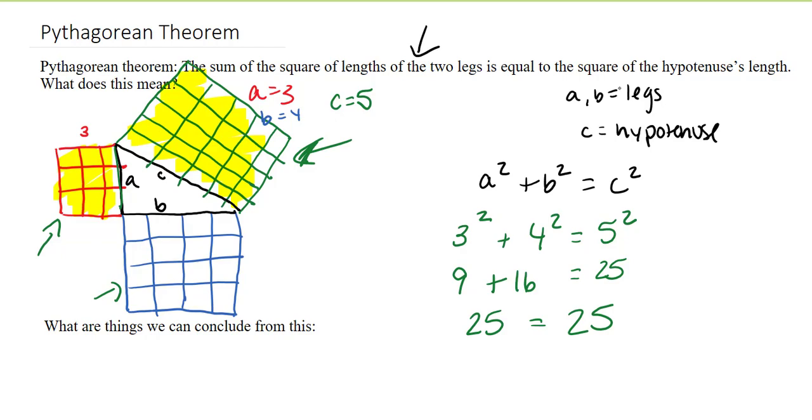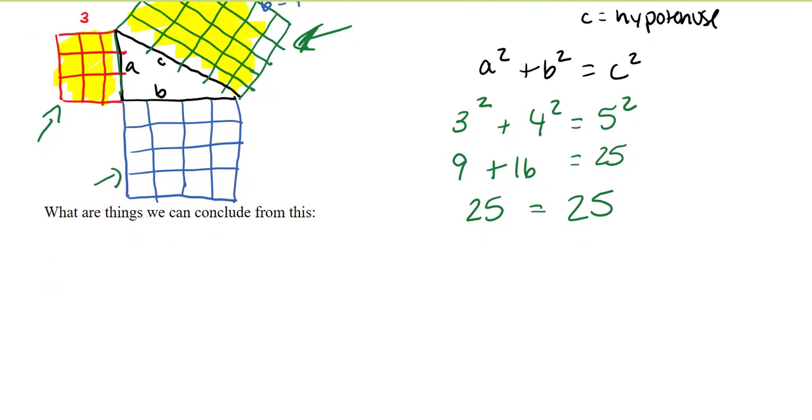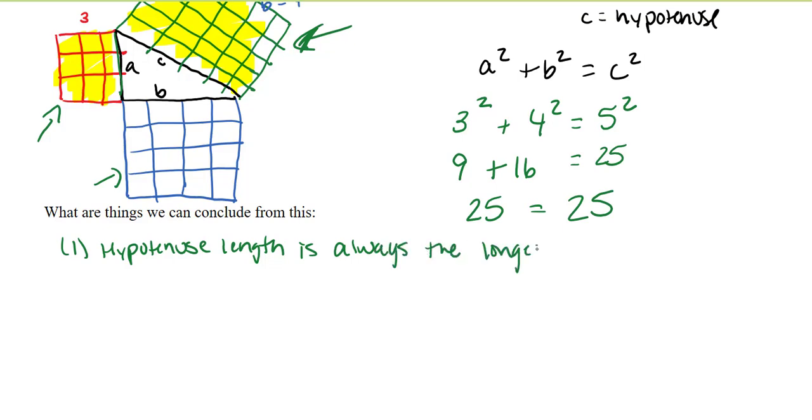So let's take note of a few things. What do we notice here? Well, this means the hypotenuse length is always the longest length. So that's really important.